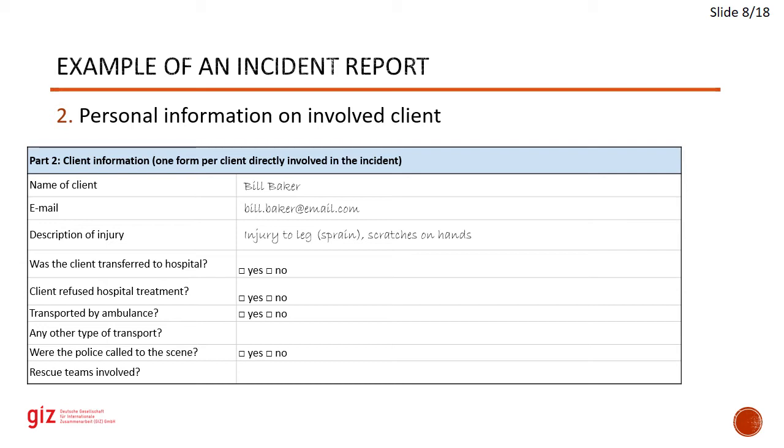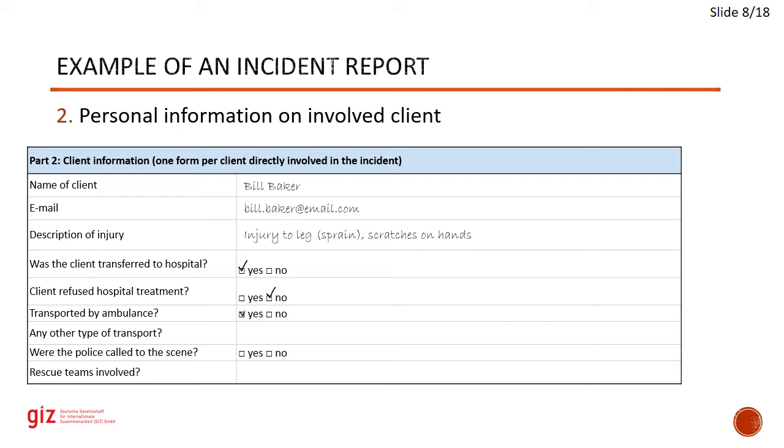It is important that the guide filling out this form should include as many details as possible. Was the client transferred to the hospital? Yes, he was. Did the client refuse hospital treatment? This happens sometimes, so it's important to record in the case of a legal claim. Let's say no, he did not refuse treatment.